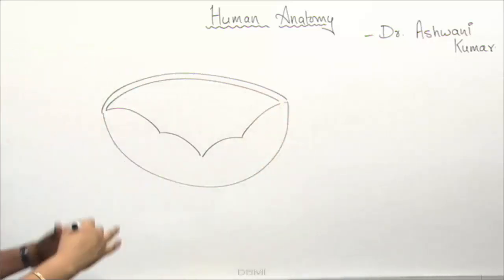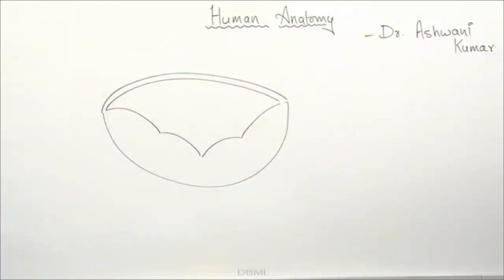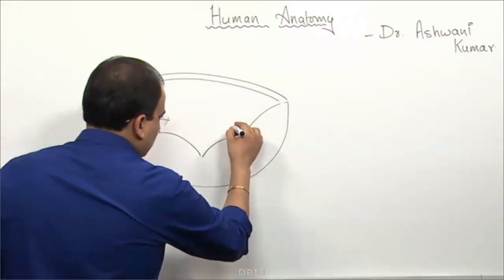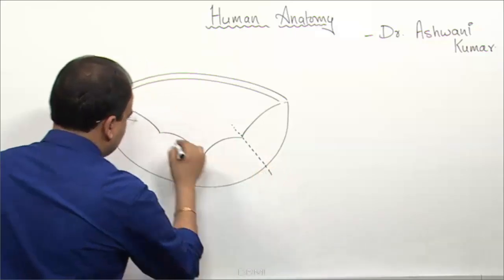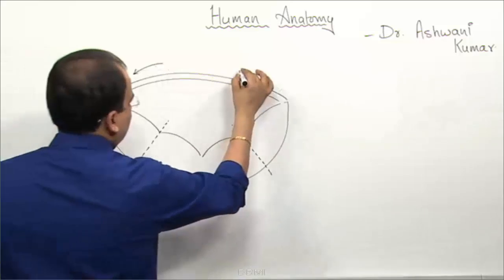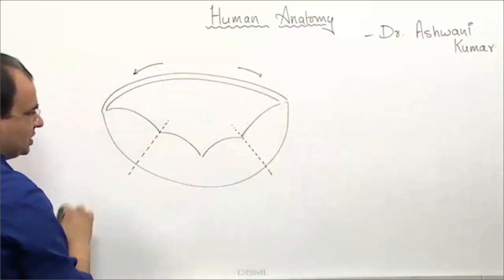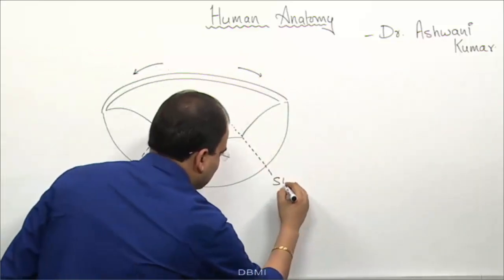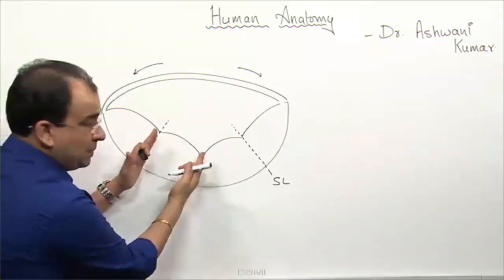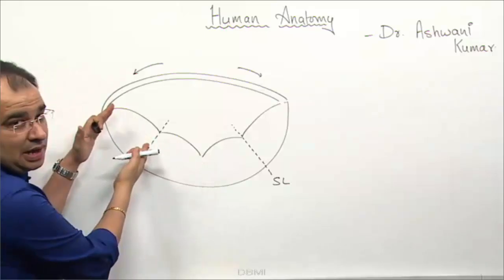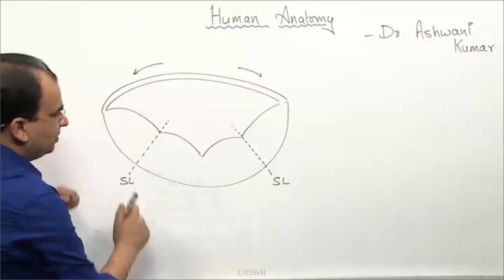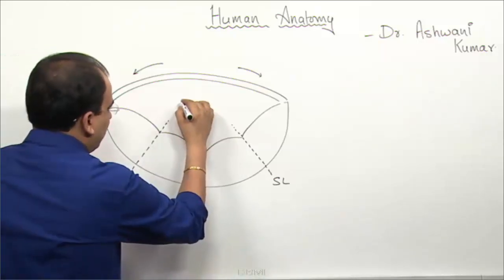So this is the neural tube which has opened up, and if this was the region of the sulcus limitans, see, this is how the neural tube has opened up, and that's the region of the sulcus limitans. I'm just writing SL, sulcus limitans. So I can say this portion was the basal plate, and that's the alar plate. All the motor nuclei should be here, and all the sensory nuclei should be here, and this is the region of the fourth ventricle.